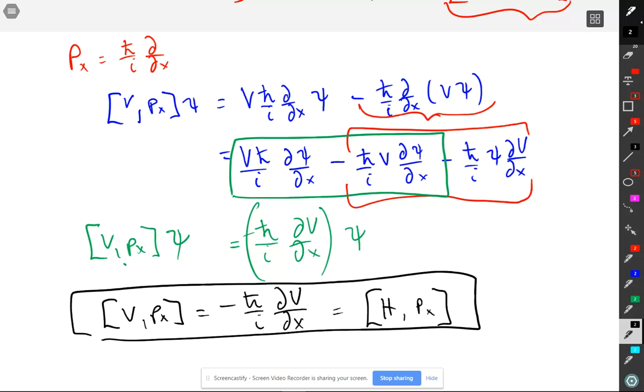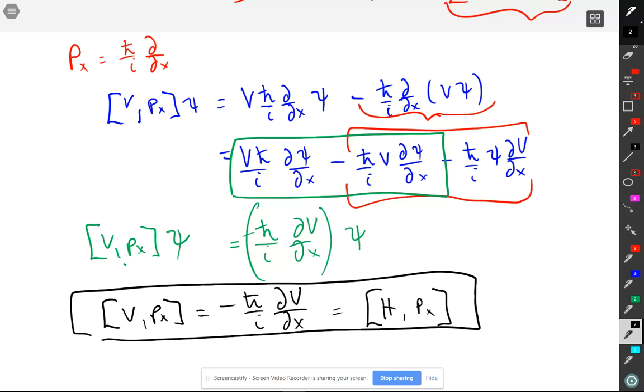Then the second thing I would take from it is, if I have the potential energy acting on the momentum acting on a wave function, that's minus, reverse the order, and then we have to add this in with it. So using that relationship.